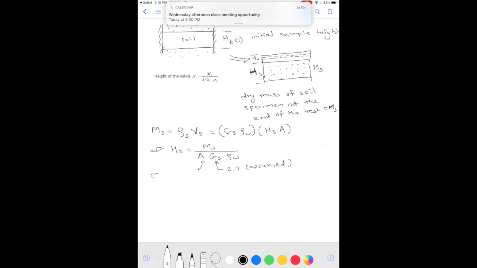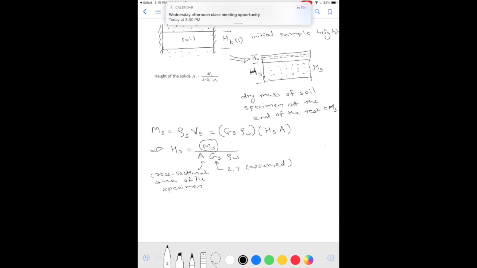This is the cross-sectional area of the soil, and your data sheet contains the diameter of the specimen, so you can calculate that. We know the density of water, and this mass of solids is given to you in your data sheets.